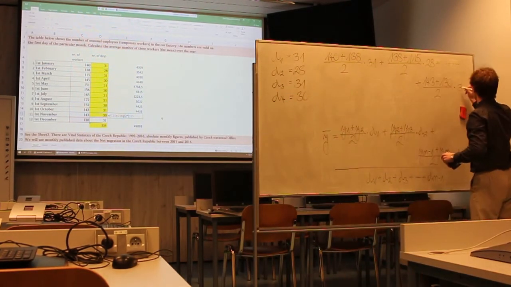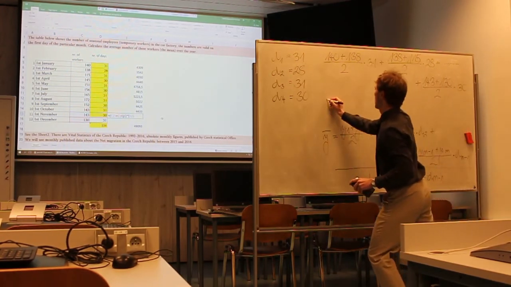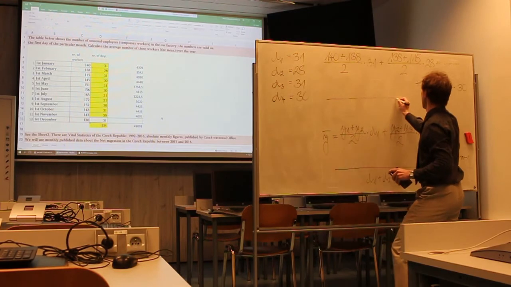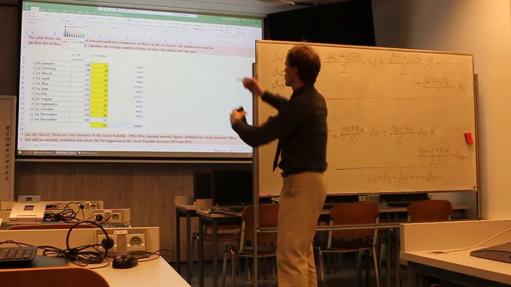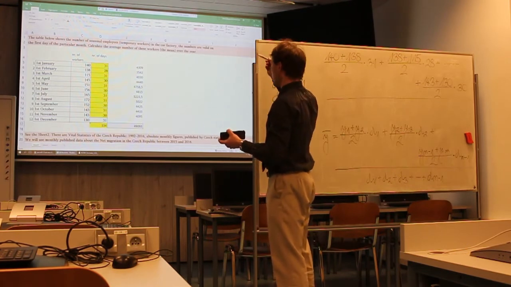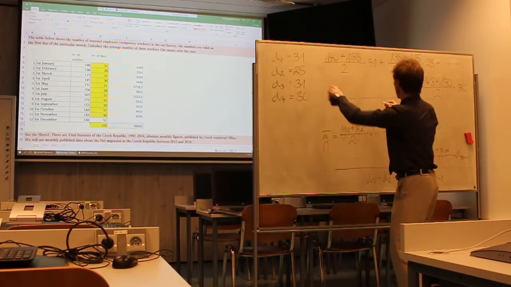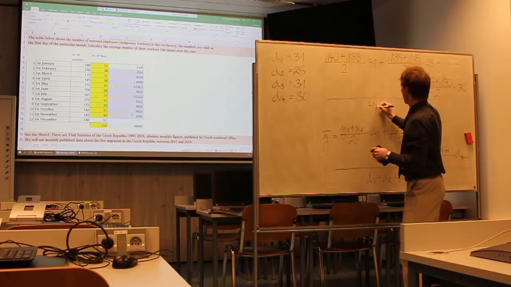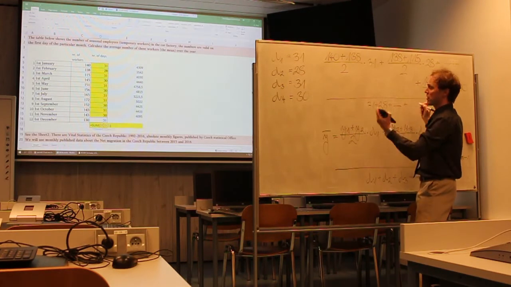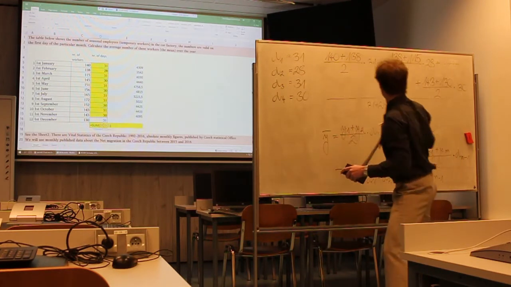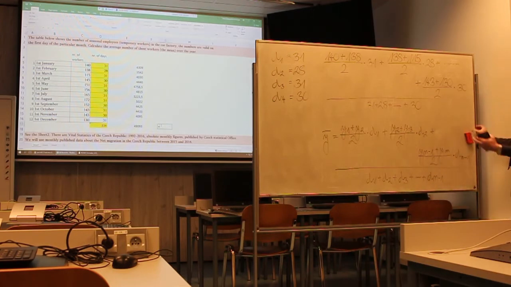This will be the numerator, and it is divided by the summation of days from January to November: 31 plus 28 plus, and the last is November, 30 days.